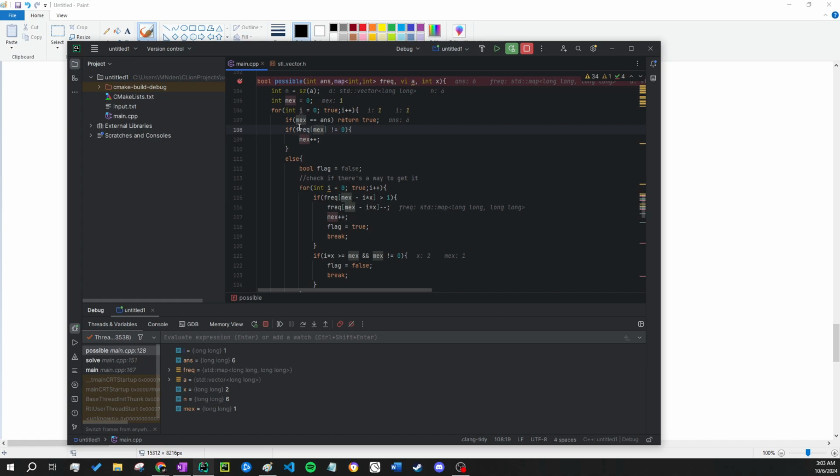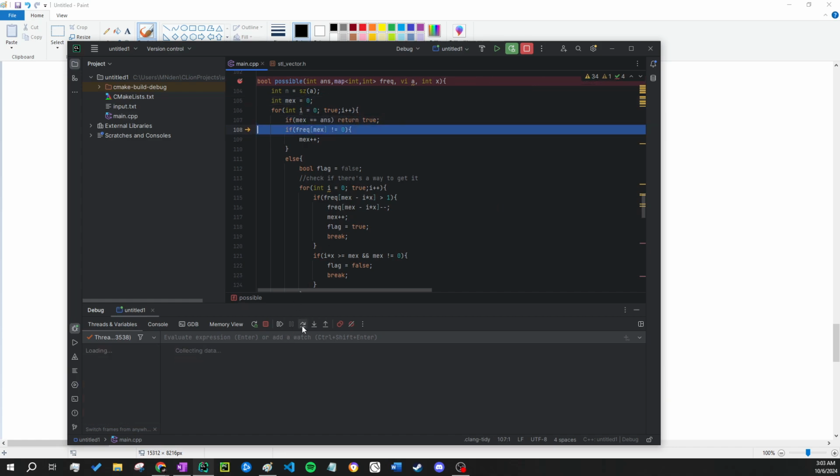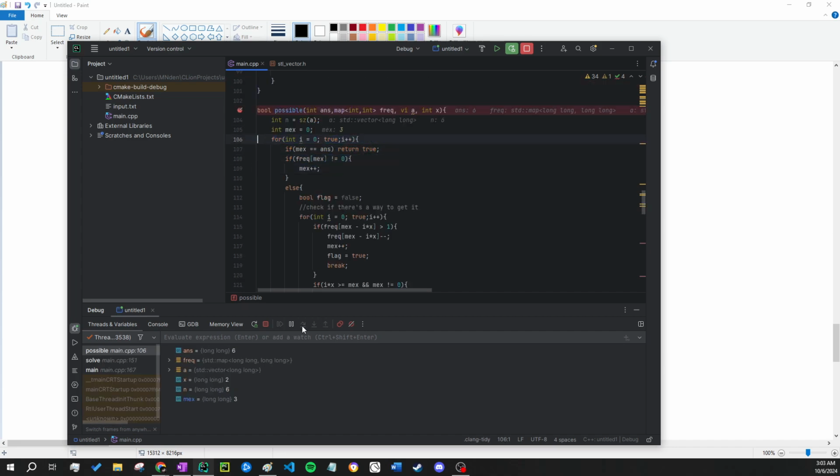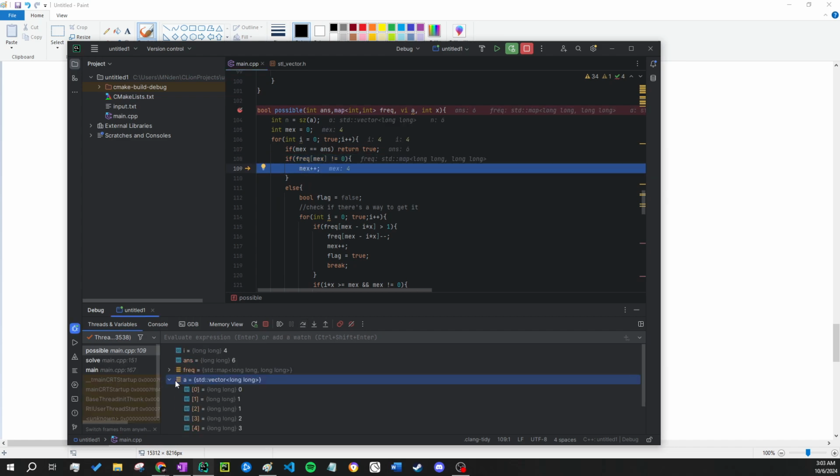Okay, so the frequency of max is 0 in this case right now. Oh yeah, that's true. 1 is here. Right. 2, that's true. 3, that's true. 4. Now let's try again. 4. Let's look at the frequency array. 4 is in there actually.